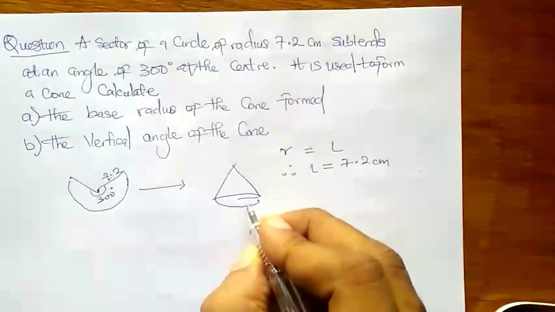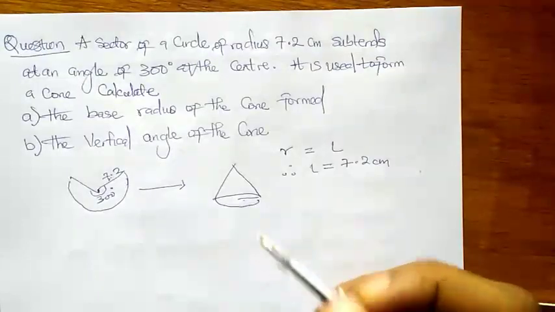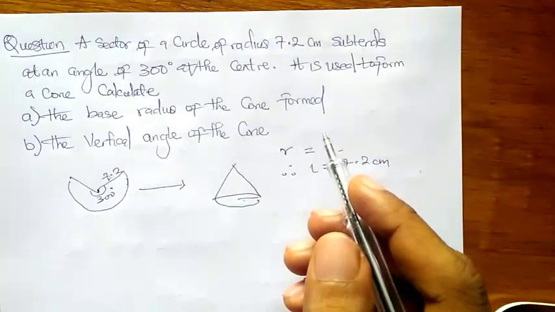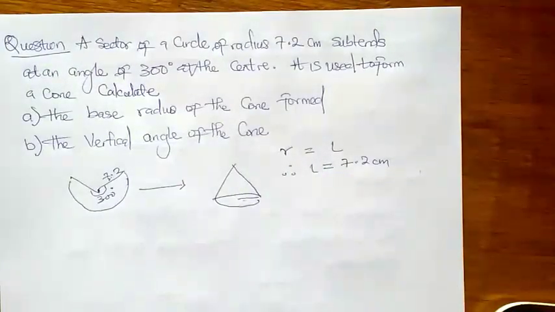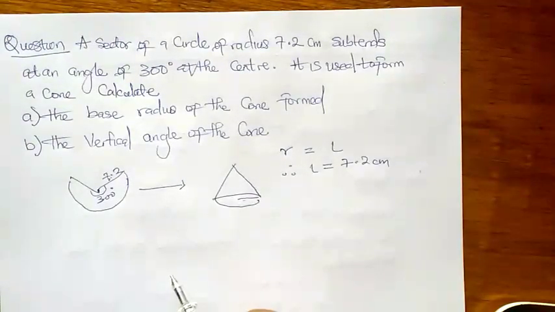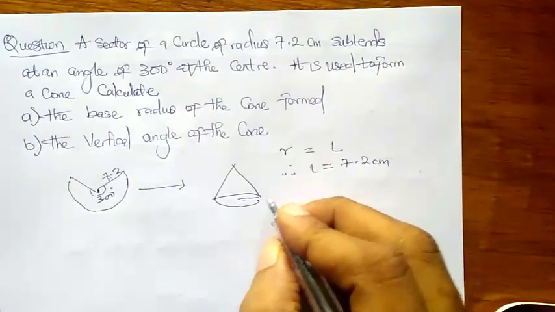Now, we are going to also represent the radius of the cone. But we remember from what we learned in the previous slide that the length of the arc of the sector is equal to the circumference of the base of the cone.